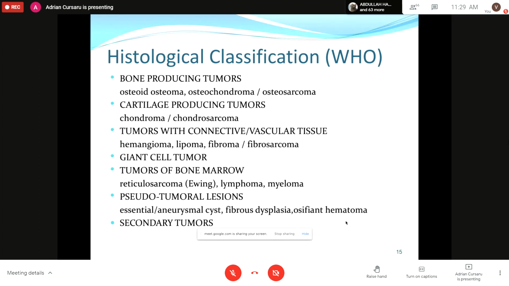It is very important because when we are making a biopsy on a secondary tumor of the humerus, for example, we know that we will find cells from the primary tumor. We will find in the histopathological examination tumors that are represented by the primary tumor.